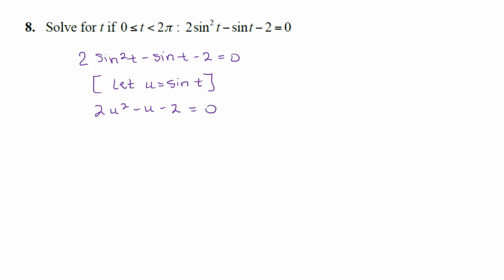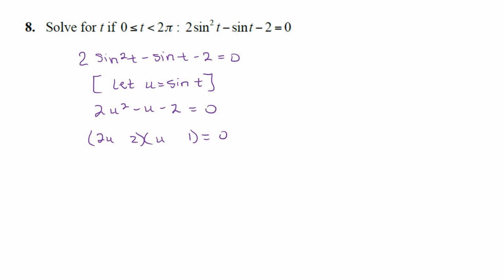Okay, so let's see if we can factor this. So we know this is 2 in u and then 2. And I want a negative 1. So if I put 2 here and 1, that will cancel out to 0.